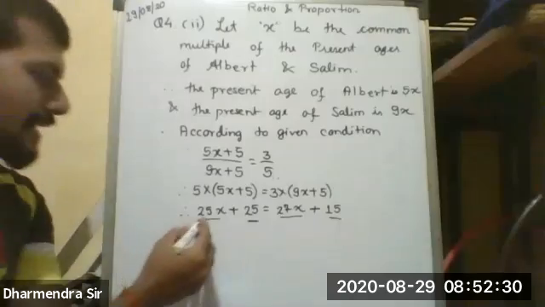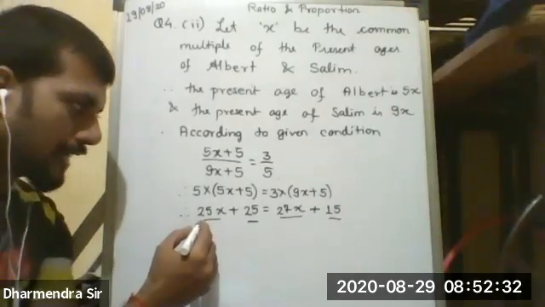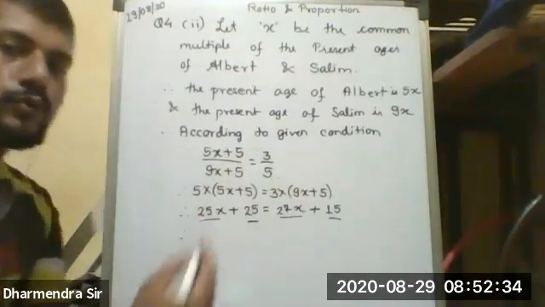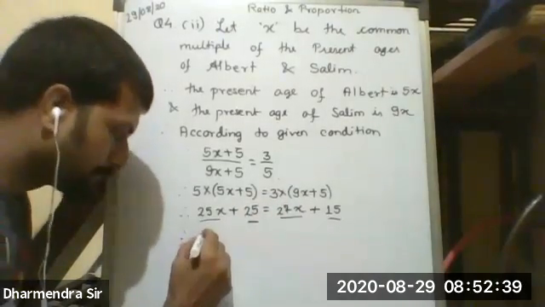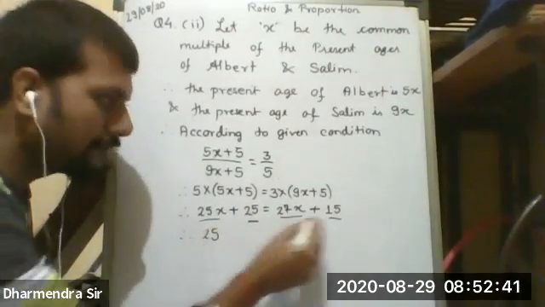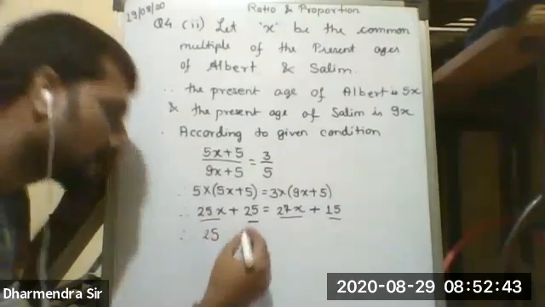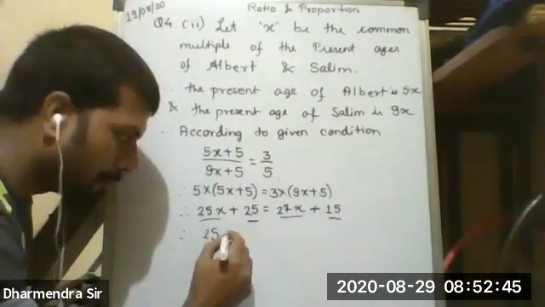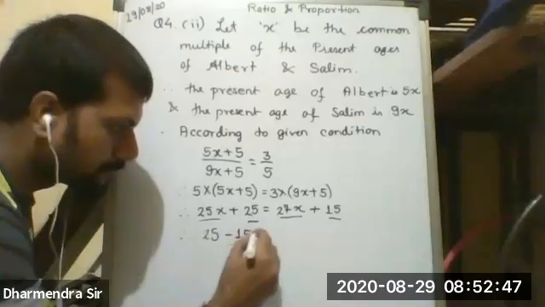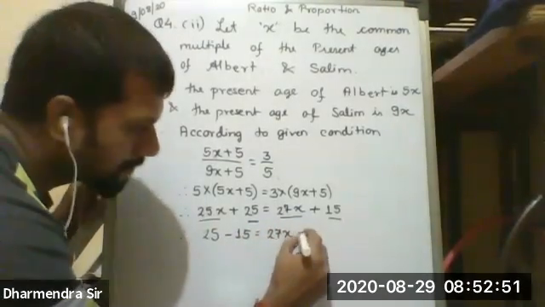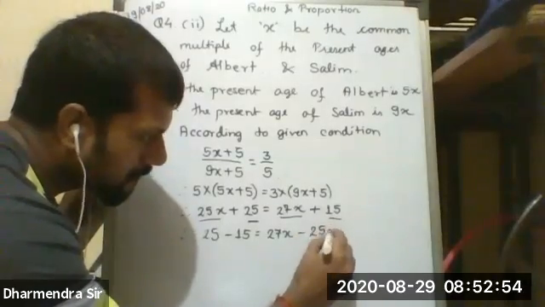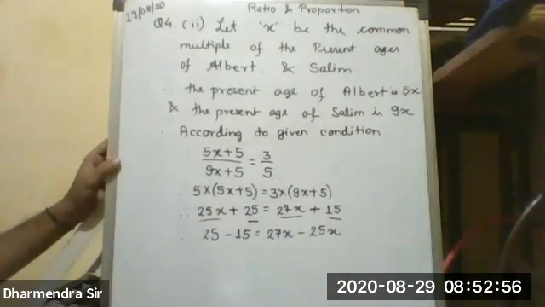Right now 25 has a positive sign, so when we take 25 to the right hand side, it will take a negative form. So we are taking 15 to the left hand side. 15 is positive, it will become negative: 25 minus 15 is equal to 27x minus 25x. So this step is okay.